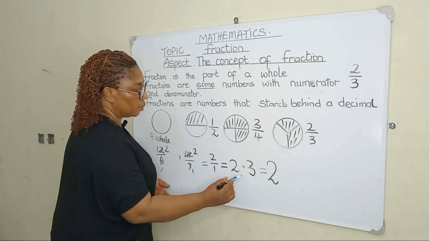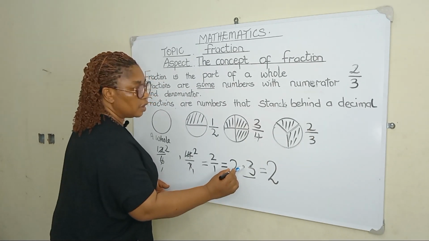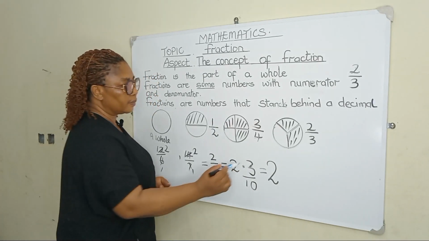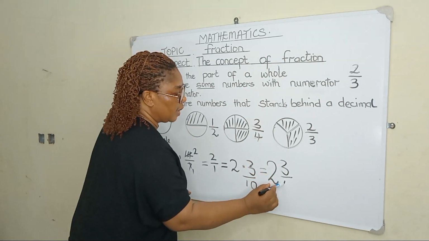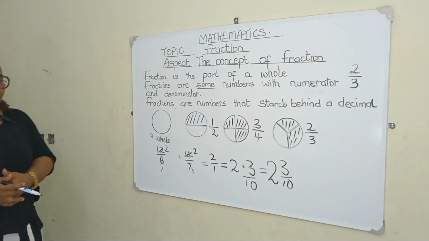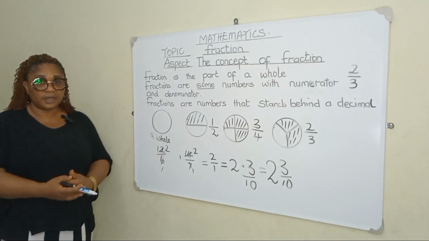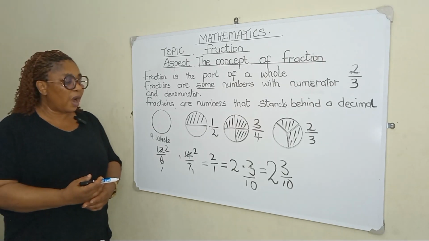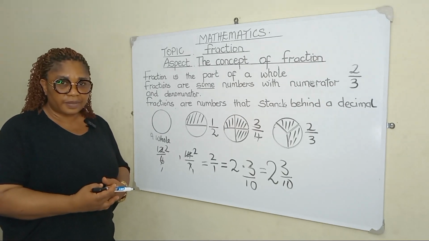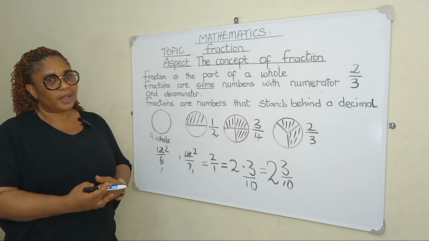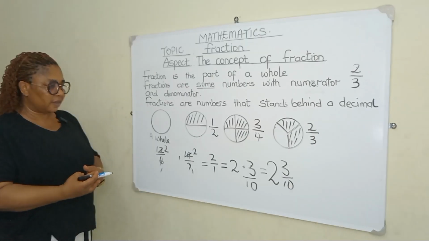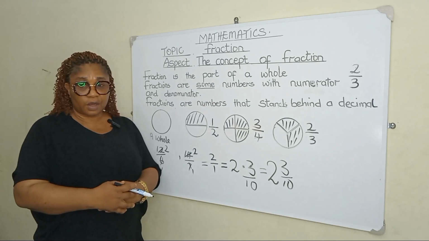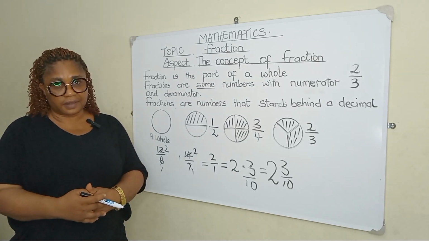The decimal is taking 1, and this one is taking 0. 2 whole number, 3 over 10. Yes, it has formed a mixed fraction. In our next lesson, we will begin to explain types of fraction, because the definition of fraction has gotten us to a particular type of fraction called mixed fraction.